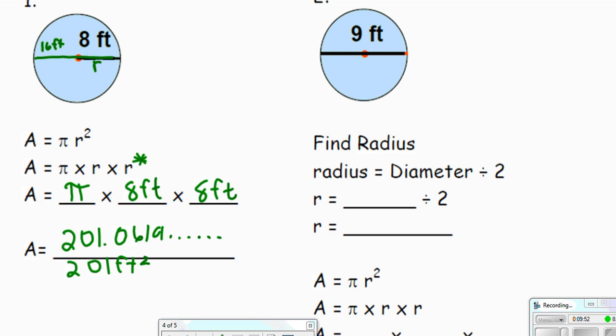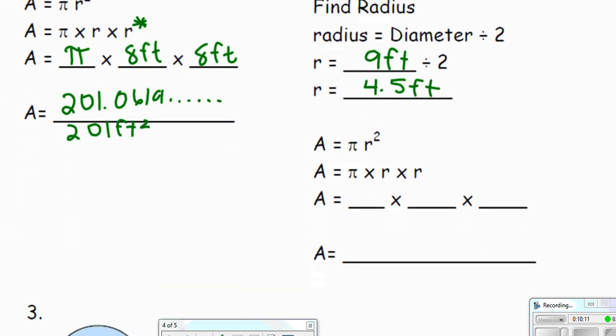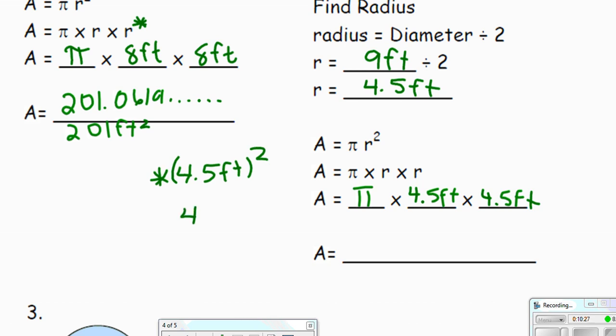For the second one, I have given you the diameter of 9 feet. In order to find the radius, we need to cut the diameter in half. So we're going to go 9 feet divided by 2, and we get 4.5 feet for the radius. So now when I go to find the area, we're going to go pi times 4.5 feet times 4.5 feet. Keep in mind that 4.5 squared is not the same as 4.5 feet times 2.